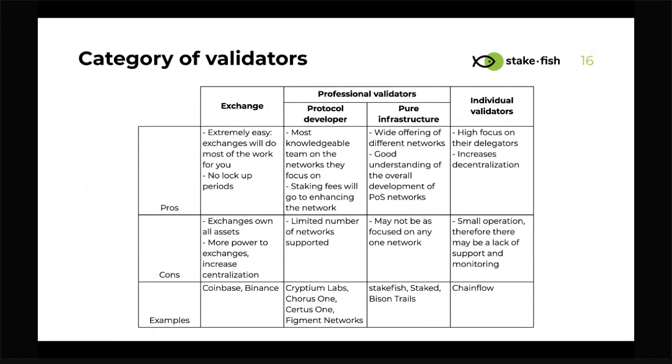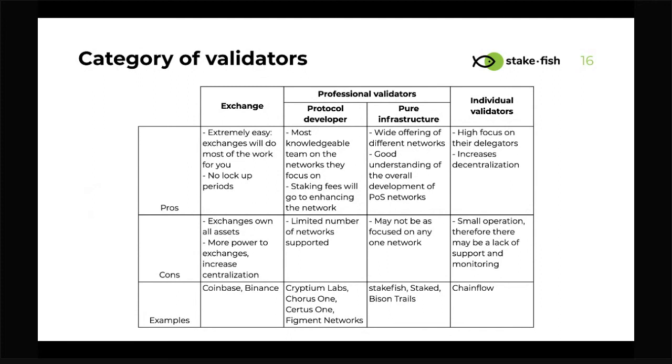There's the protocol developers and there's pure infrastructure providers. Protocol developers are ones that will be focused on a select few chains. An example of this is Cryptium Labs, and then pure infrastructure validators would be pretty diversified and will support different networks. And then of course there's individual validators.